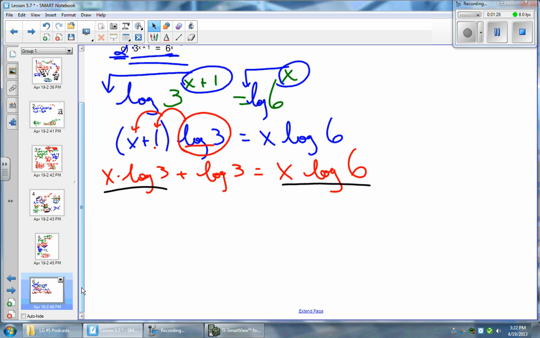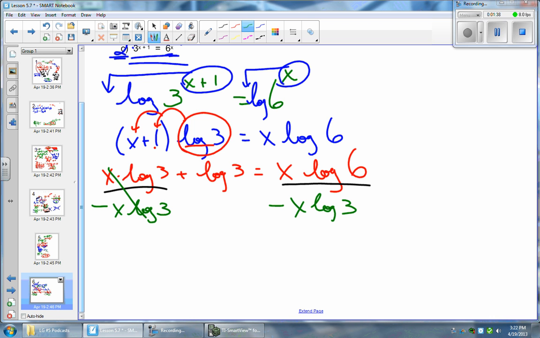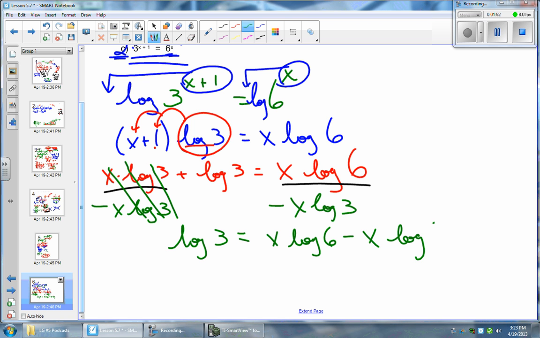So what I'm going to do is subtract x log 3 from both sides. So we're subtracting here. That's gone, leaving you a log 3 here. Oh boy, and check it out. You've got x log 6 minus x log 3 on this side.